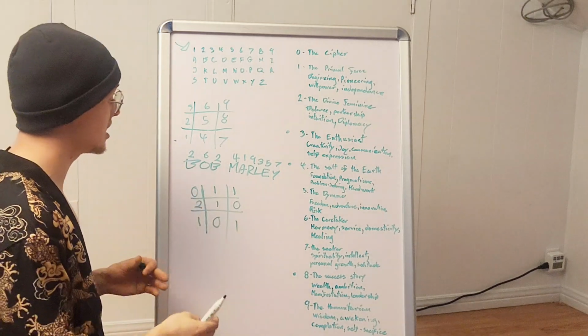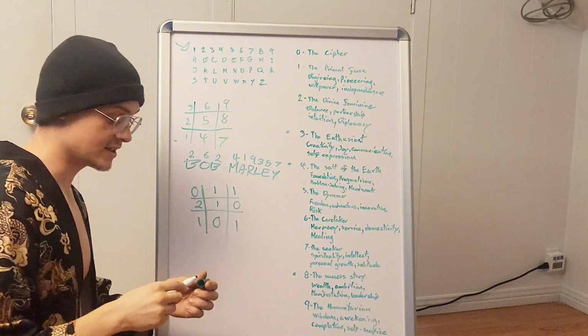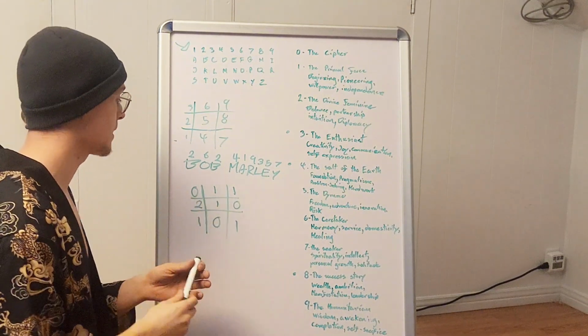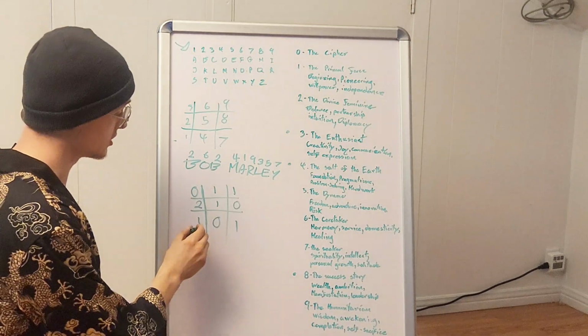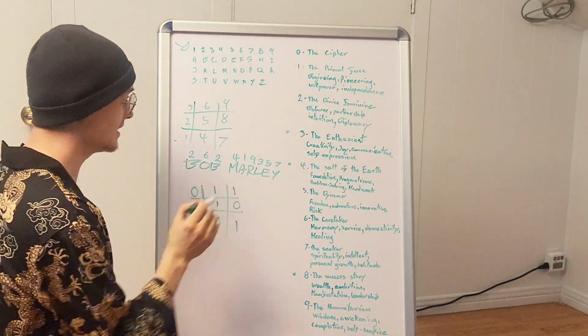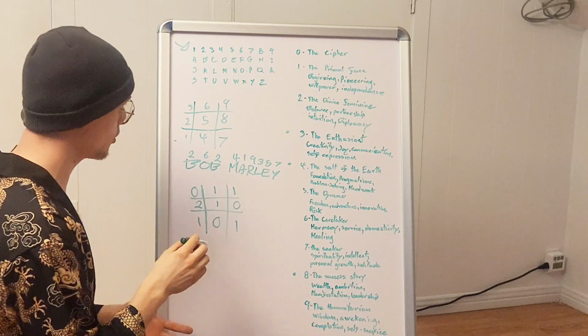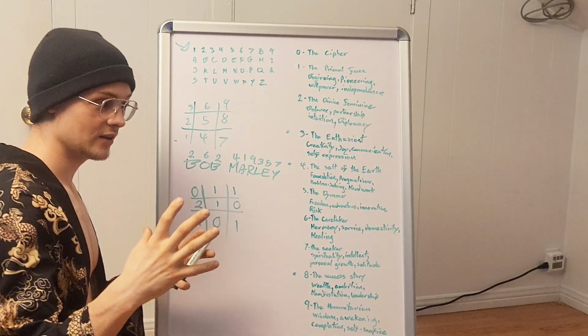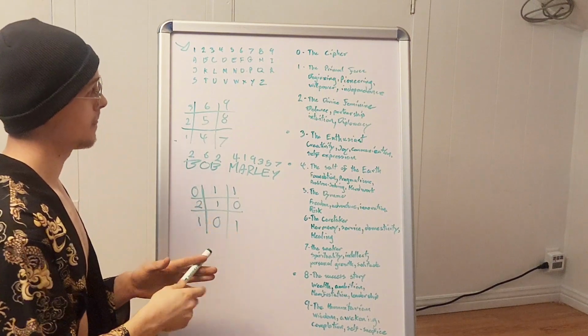So that's the concept of the zero, the cipher. It's a yes or a no. There's no fluctuation when you have a zero. Otherwise, when you have ones, the more you have similar numbers together, the more they fluctuate together.